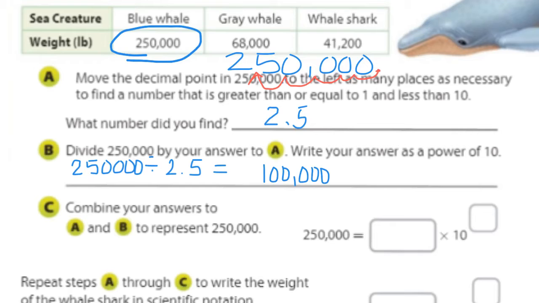Now it says, write your answer as a power of 10. So 10 is my power. So let's see, I have 1, 2, 3, 4, 5 zeros.